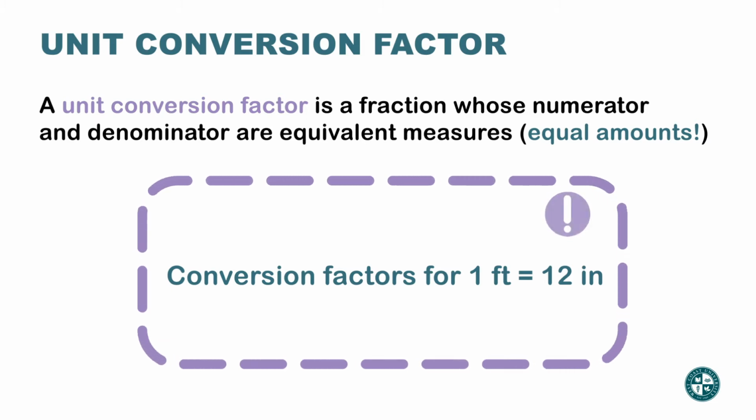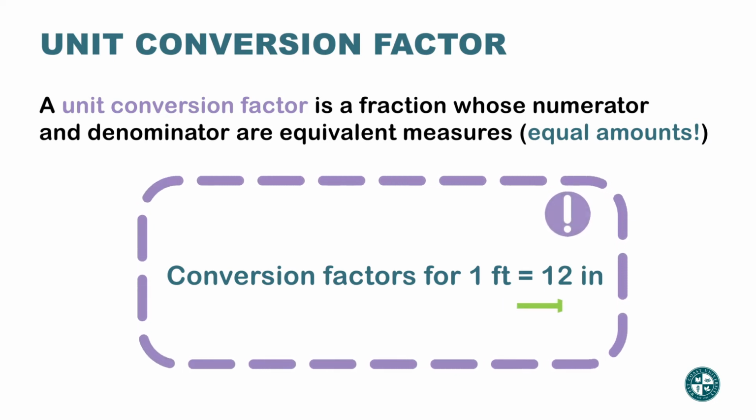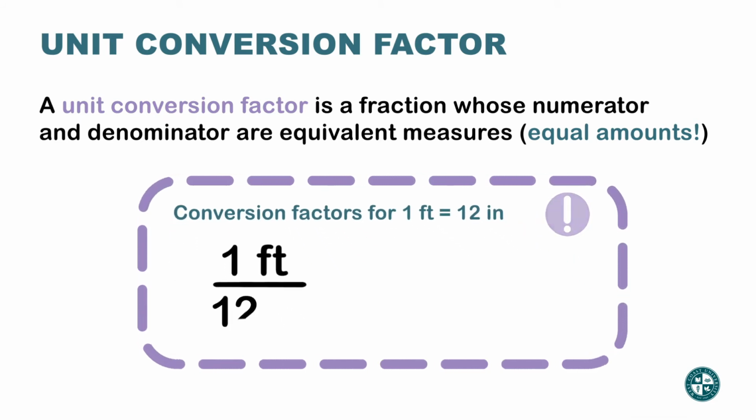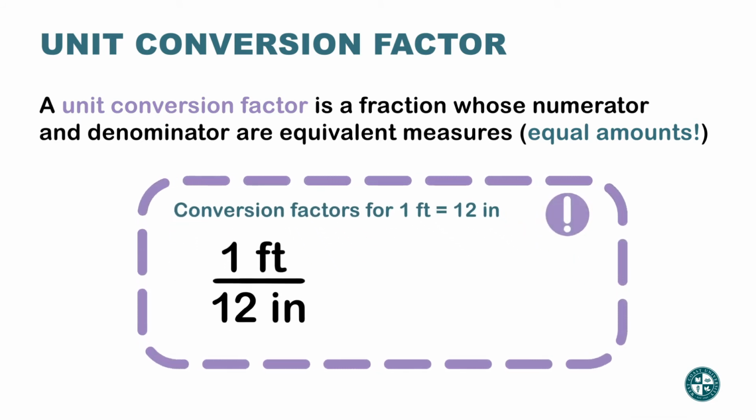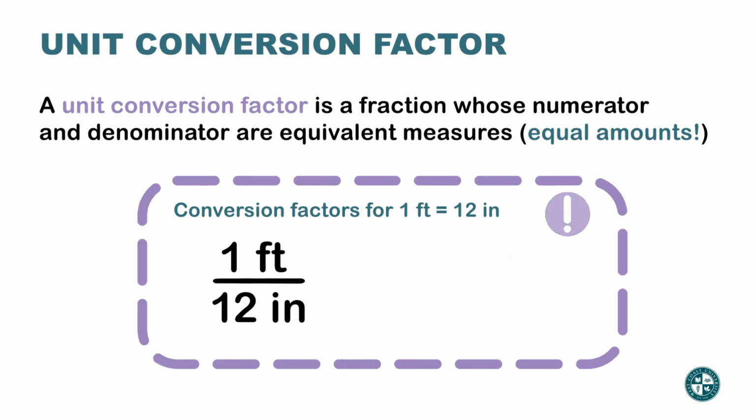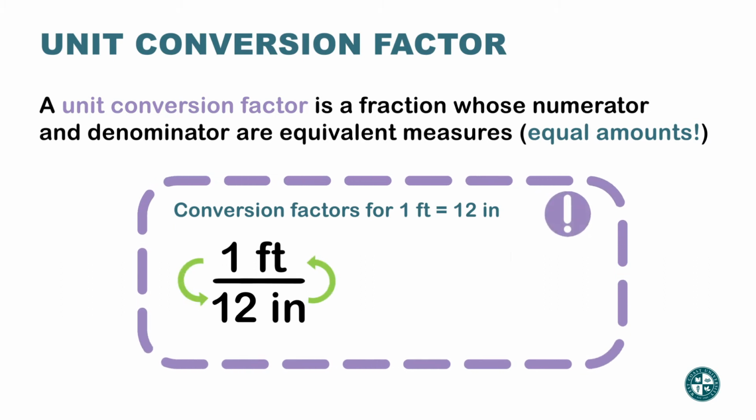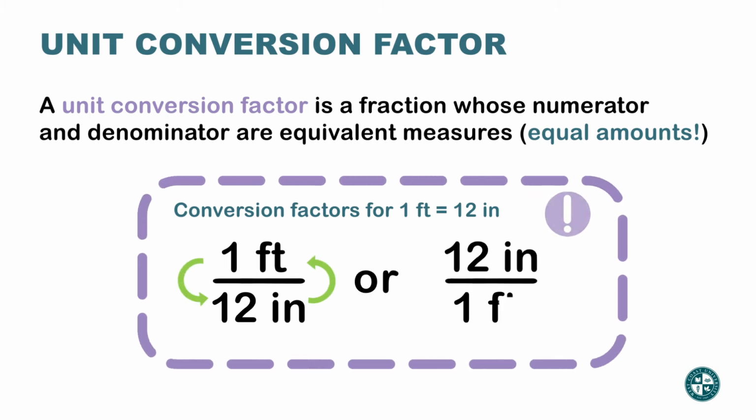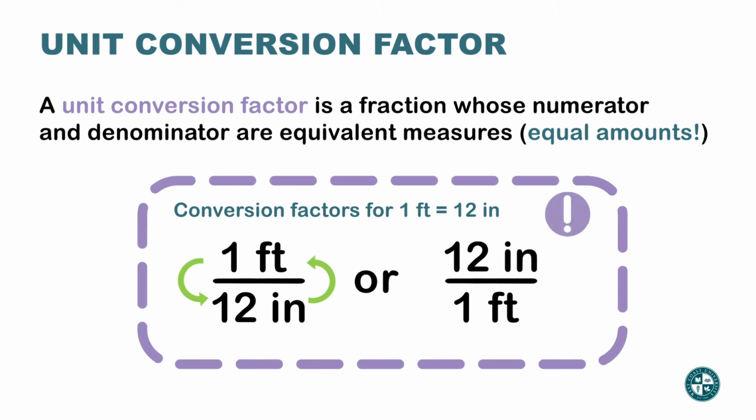How? If I read it from left to right, I can get my first fraction, my first unit conversion factor. I will write 1 foot over 12 inches. That's my first fraction. Once I have the first one, I'm going to do the reciprocal, which basically means flip this fraction, and you get the second unit conversion factor, 12 inches over 1 foot.